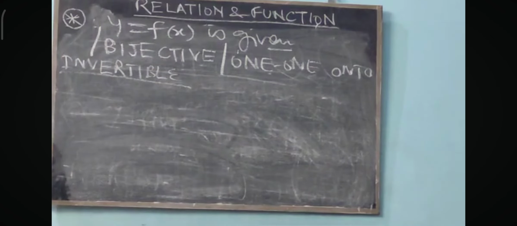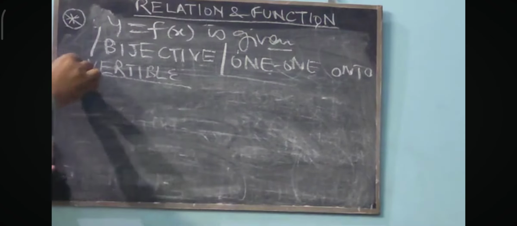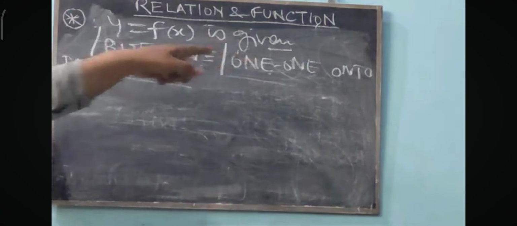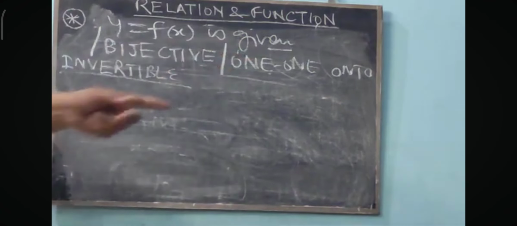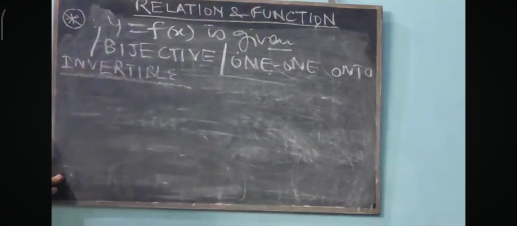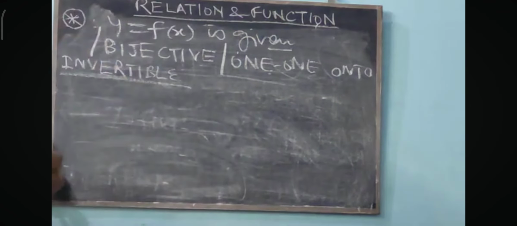So students, first remember that all three have the same meaning. We will do the same solution if any one of the three is asked. This one, this one, or this one. So what is that? Now we will learn. Invertible means a function whose inverse exists.